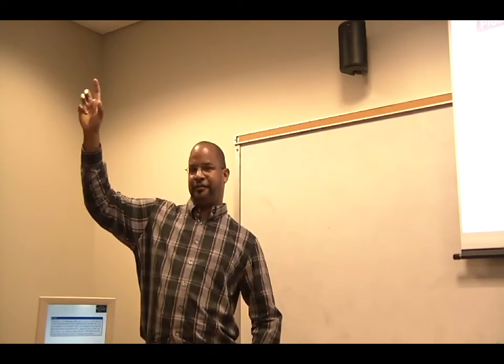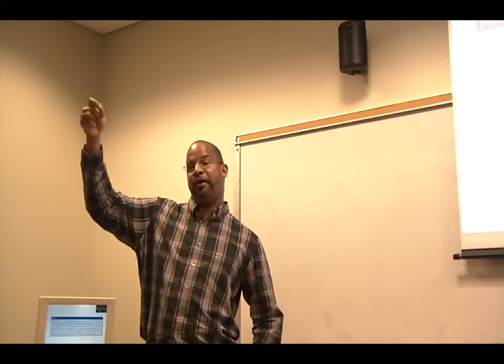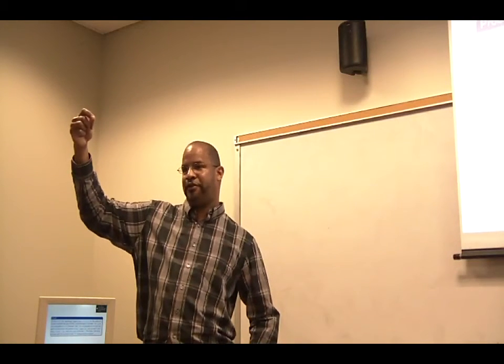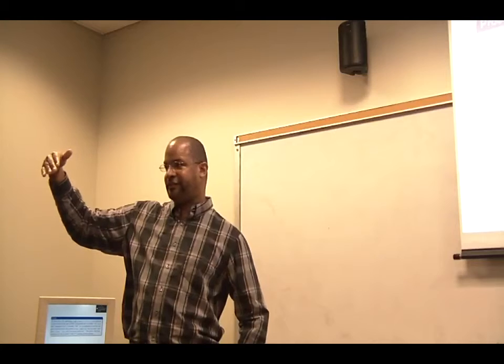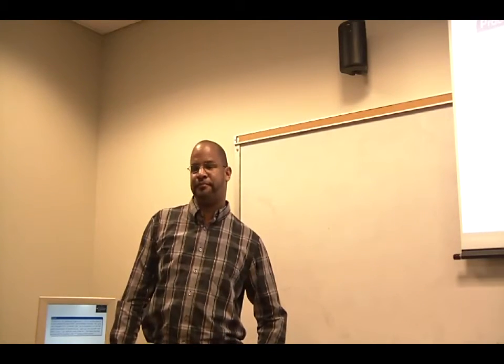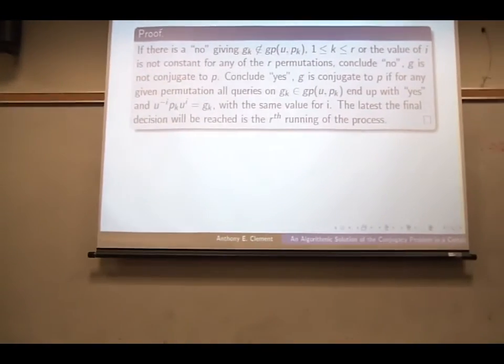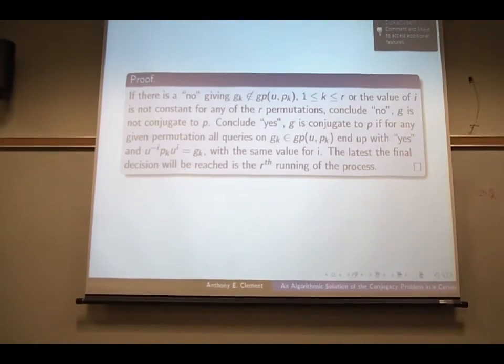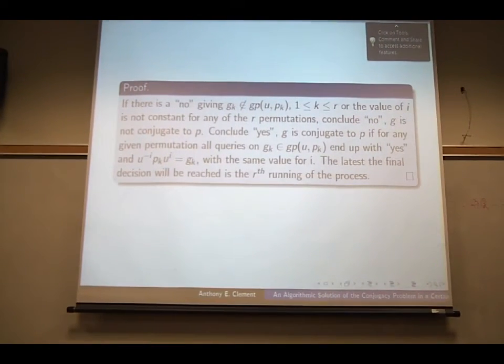If it's not, G1, for example, is not in the subgroup generated by U and P1, we go to the next until we check all the R permutations. Yes. Any questions?